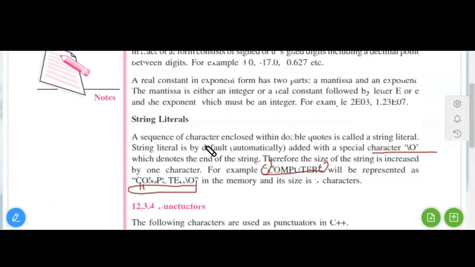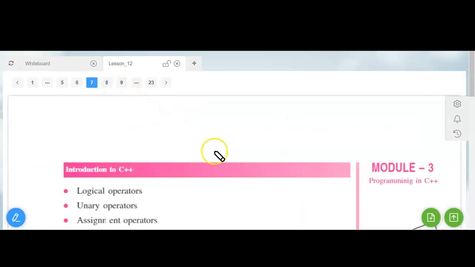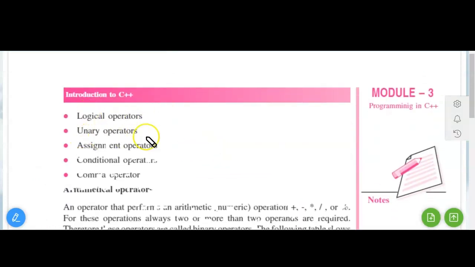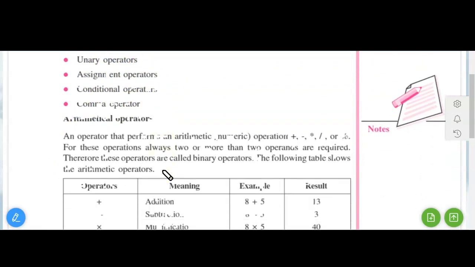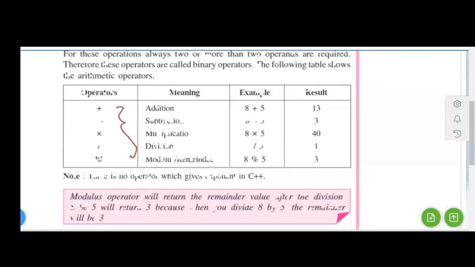Next is relational operator. You have got different operators: relational, logical operator, unary operator, assignment operator, conditional operator, and comma operator. So we have to see all these things one by one. Minus, multiplication, and mod operators. So how does this work? You can see here they have given the example 8 plus 5. Addition, subtraction all work in the same way.